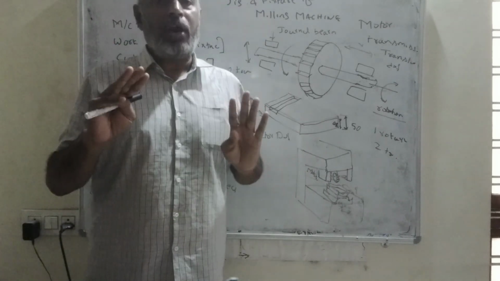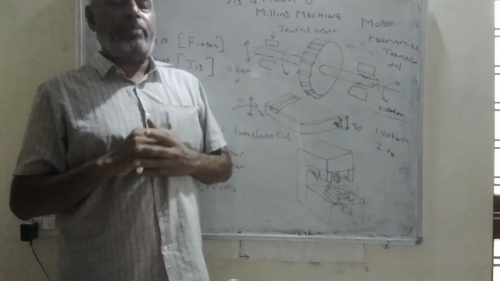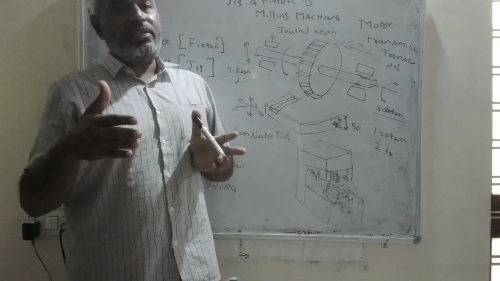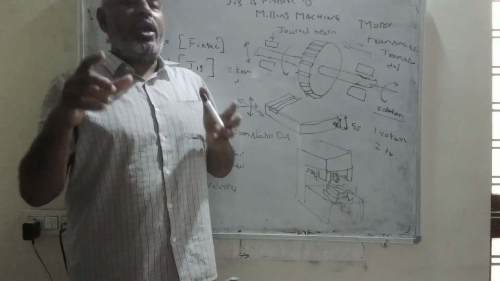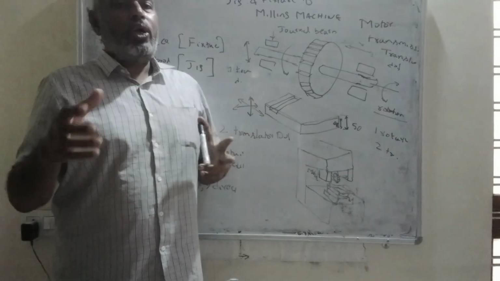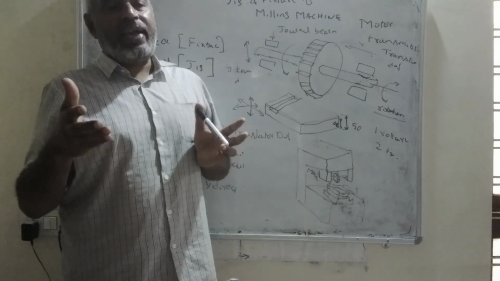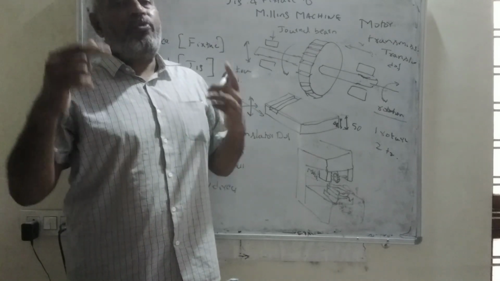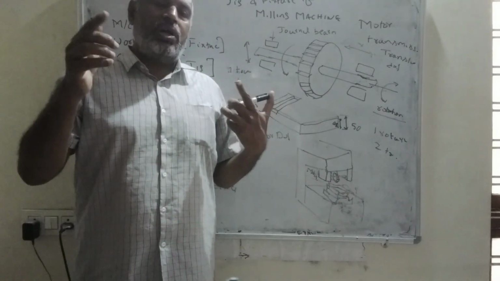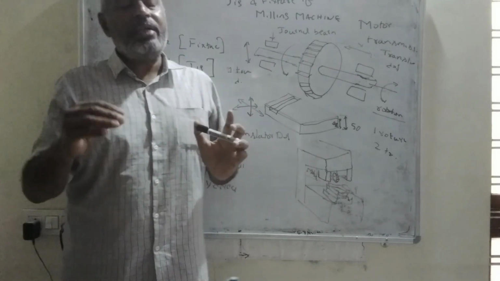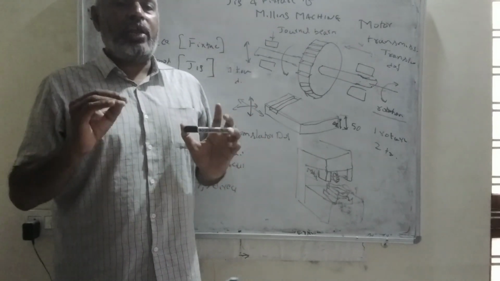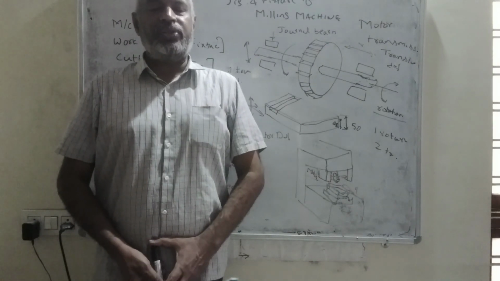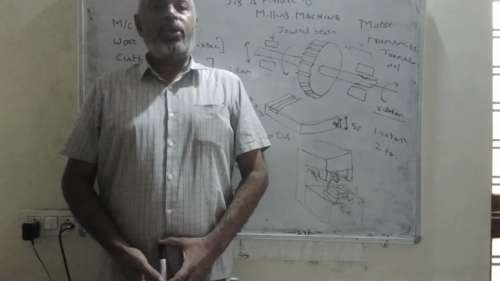One rotary motion is there by default, and also a fixture holding the workpiece. If you provide translatory motion to the jig, you can provide only one translatory motion in the z direction, going upside and downside. Or if you are not providing two translatory motions on the jig, you can provide three translatory motions to the workpiece fixture. This is what I would like to discuss in this video session. Thank you for watching the video.